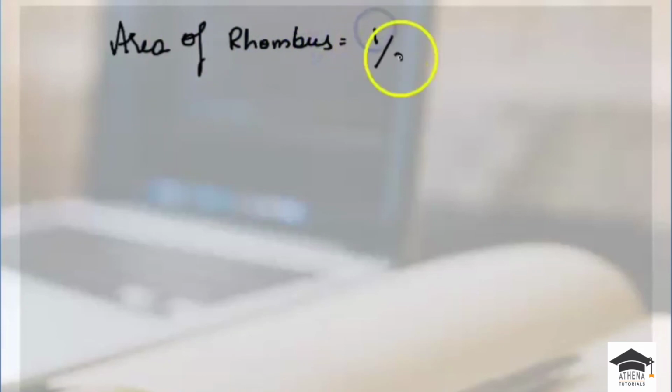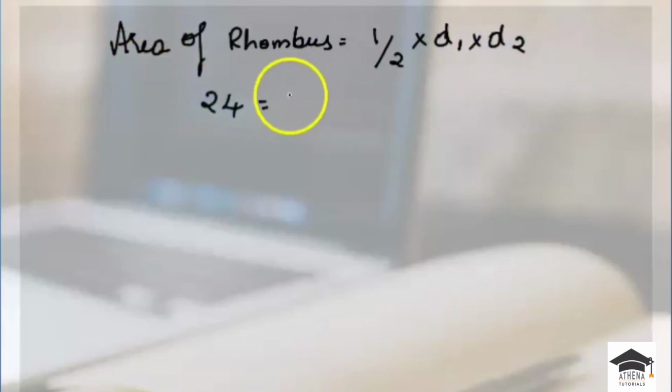So, area of rhombus is equal to half into diagonal 1 into diagonal 2. What is the area of the rhombus? That is 24 centimeter square, and half into 8 centimeter, and diagonal 2 we need to find out.